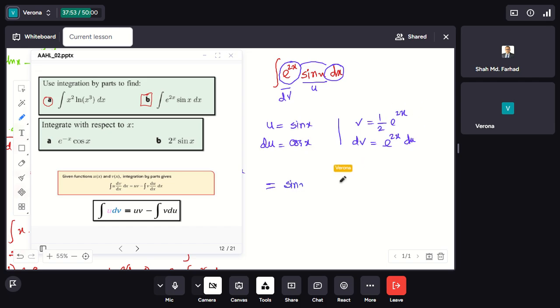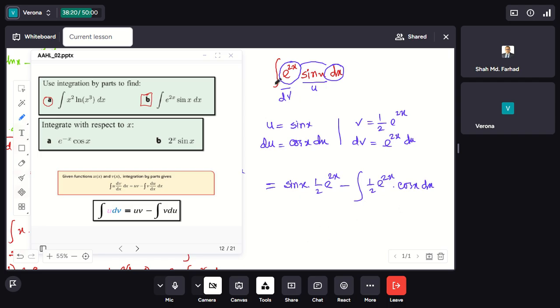Then sine x times 1 over e power 2x, minus the integral of 1 over 2 e to x, and then cosine x dx.